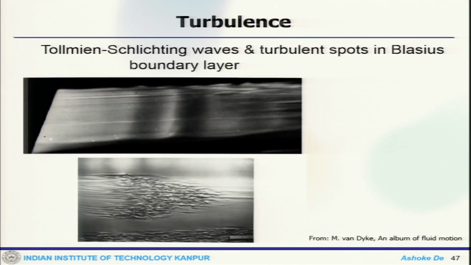Now, this is another very well known picture, which shows turbulent spots and waves in the Blasius boundary layer. So, this is over a flat plate. If you look at the boundary layer, these are the waves that you see, and this is when the flow goes through transition to become turbulent.